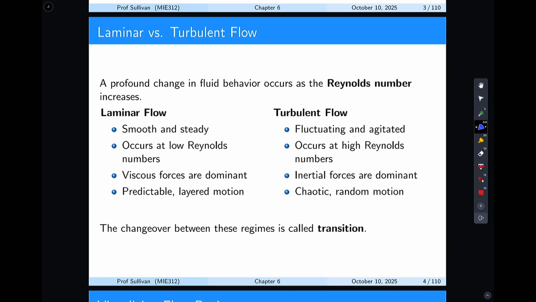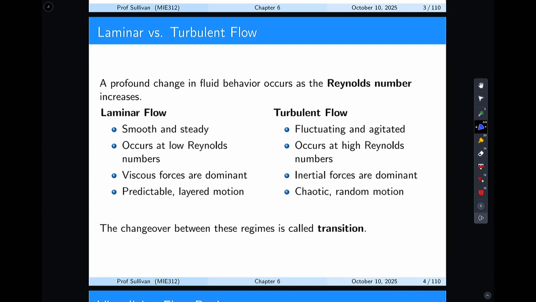One of the problems with making these statements on this slide is this: laminar flow, smooth and steady, low Reynolds number, viscous forces dominant, predictable layered motion. Turbulent flow, fluctuating and agitated, high Reynolds number, inertial forces, and chaotic random motion.